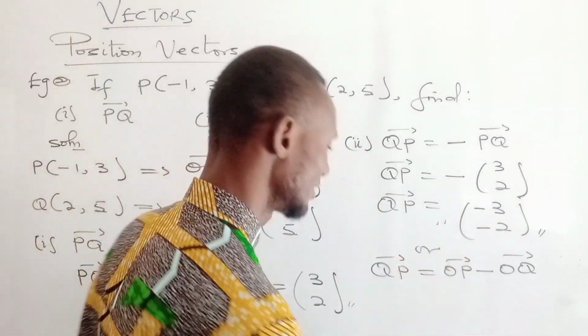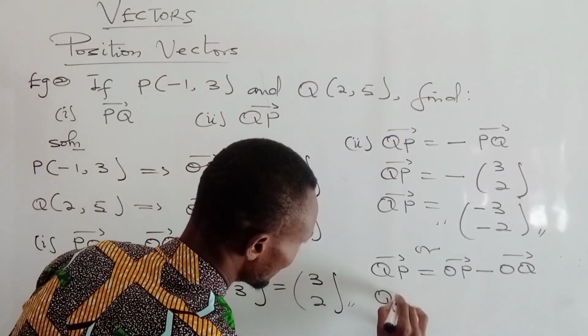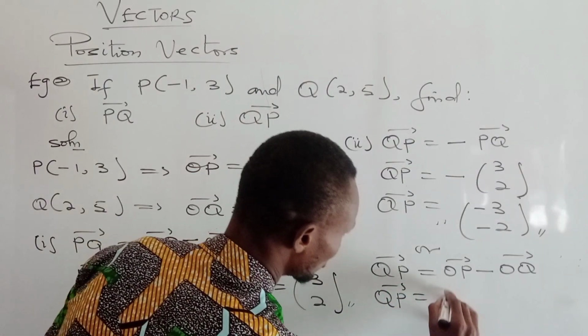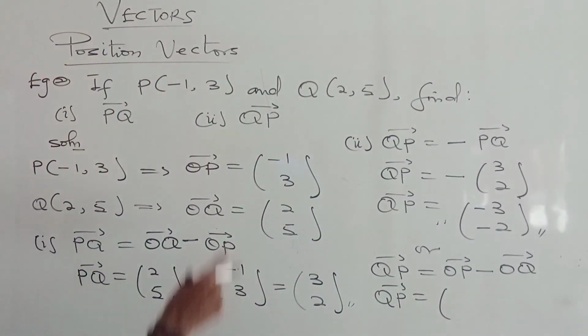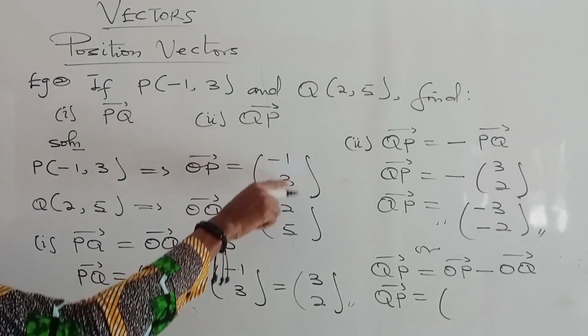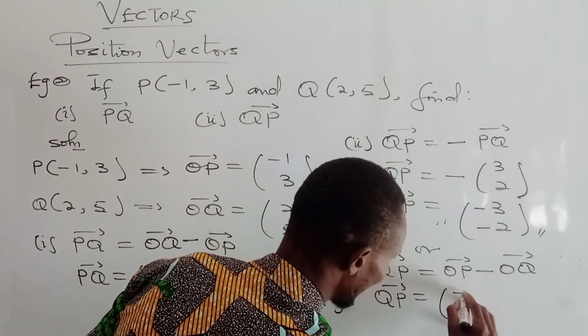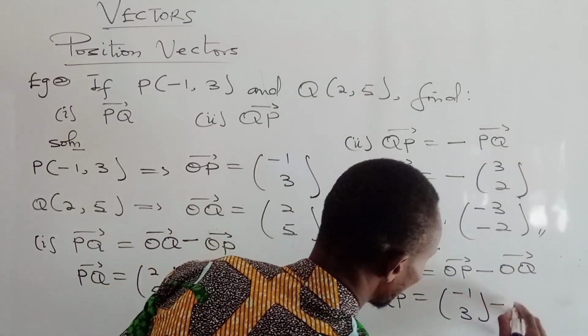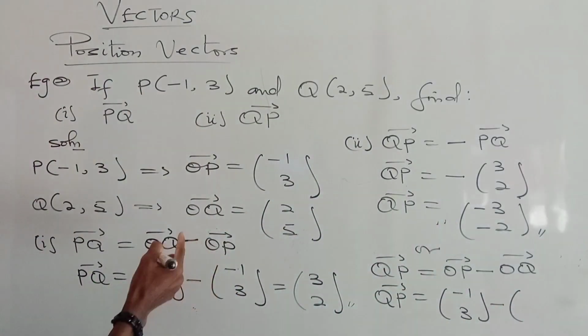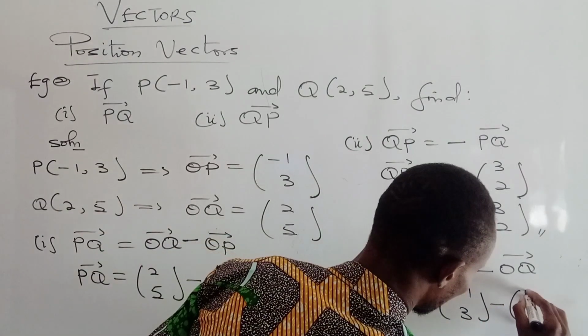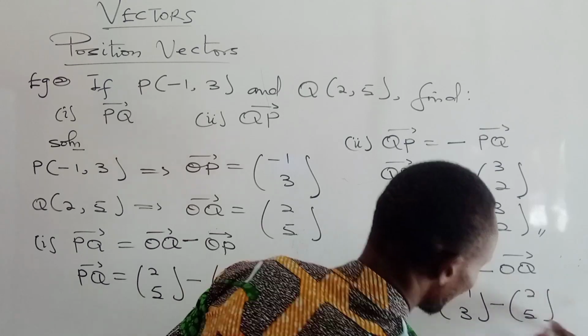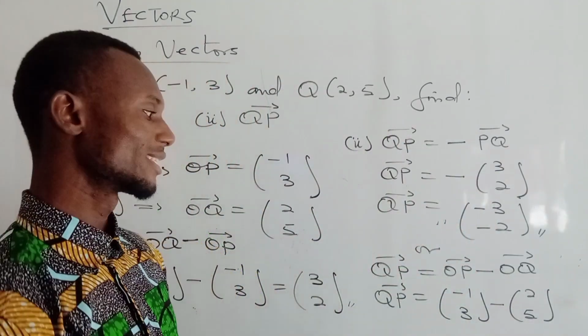Let's try it and see. My vector QP will be equal to my OP, which is minus 1, 3, minus my OQ, which is 2, 5. So when you simplify this, you get the same thing.